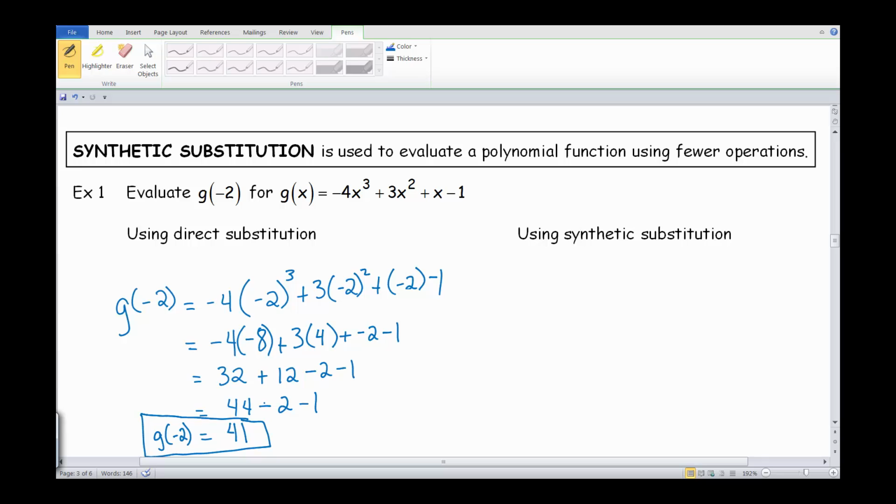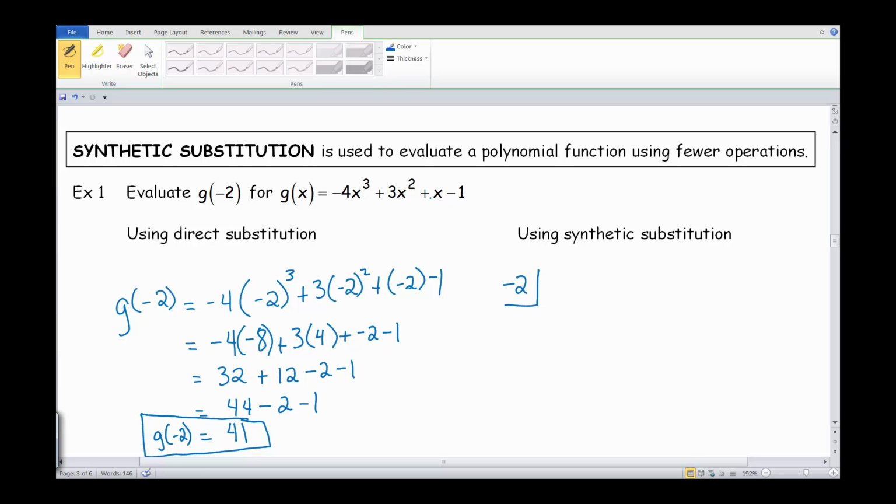Now for synthetic substitution, how this actually works is we're going to take that -2 and throw him inside of a little box over here. Next, we take our coefficients from our polynomial. Notice how it goes x cubed, x squared, x, and then just the constant.